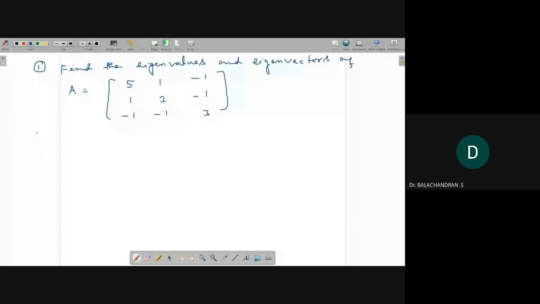Solution. The characteristic equation of A is determinant of A minus lambda I equal to 0.